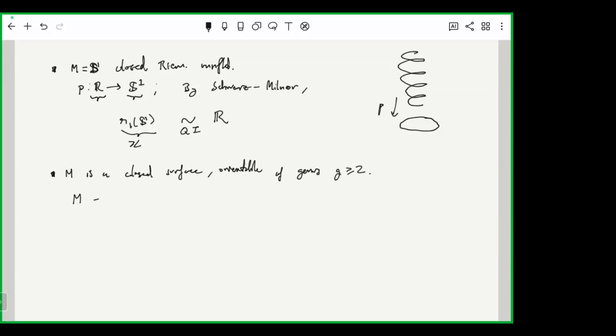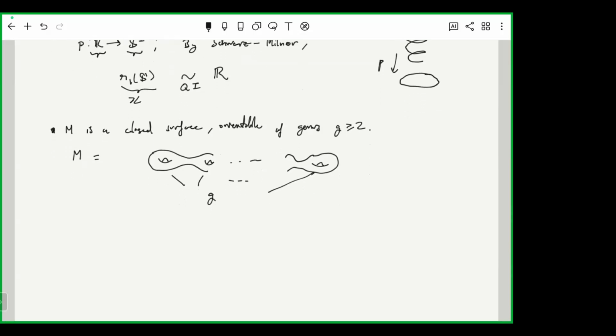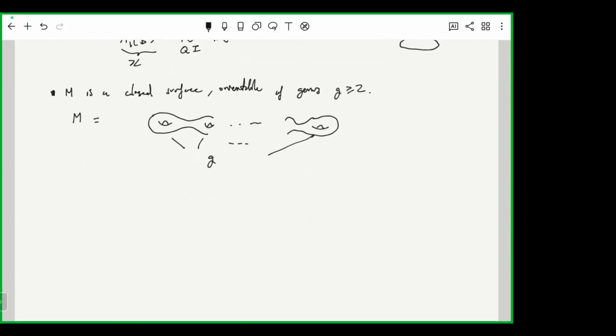So M is something like this, and there are g holes, so to speak, g copies here. It turns out that for orientable surfaces of genus at least 2, the universal cover is the hyperbolic plane.